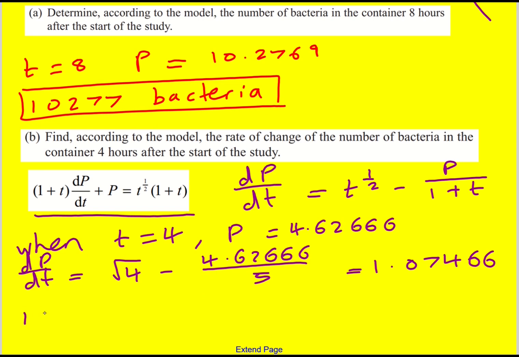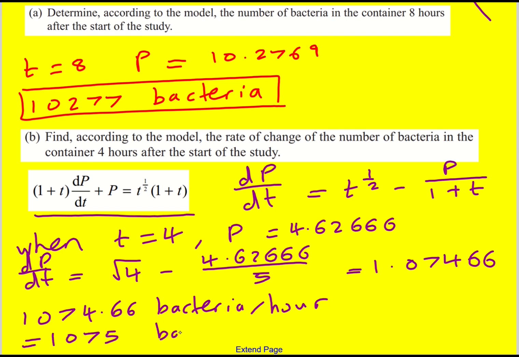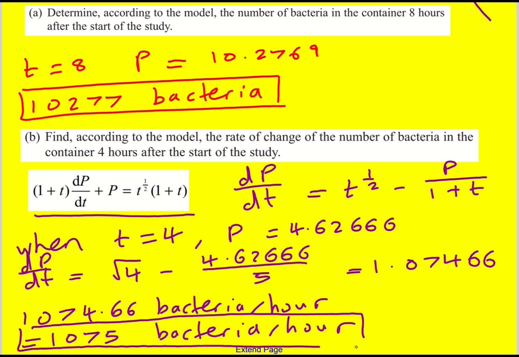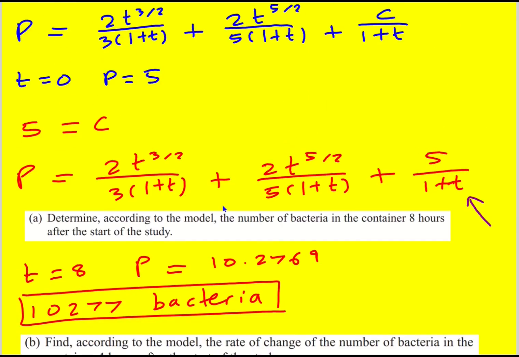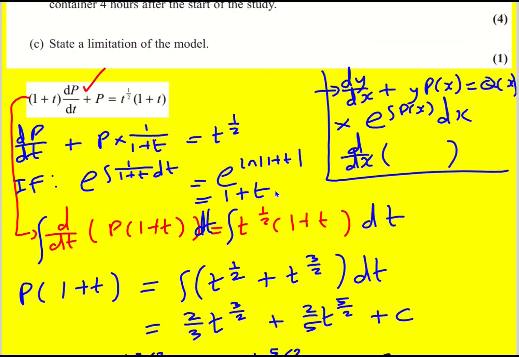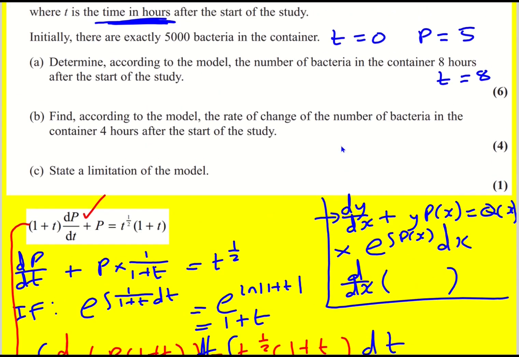So that is 1,074.66 bacteria per hour. That's our rate of growth. Let's just round it to 1075. I read in the answers that if you use the quotient rule, then you end up getting 1070, I think. So look, there is a range that's accepted. So good method, for those 4 marks, rather than having to use the quotient rule multiple times.